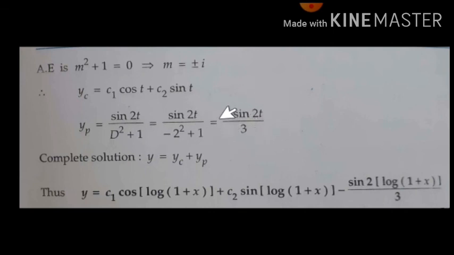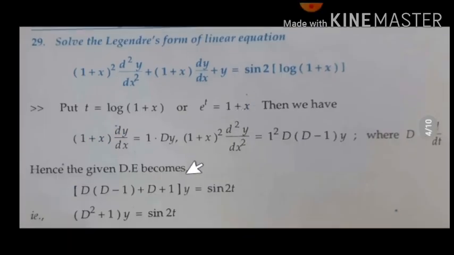So this is yp. What will be the complete solution? y is equal to yc plus yp. But if I write the answer in terms of t, I get the solution for this differential equation in t. But I need the solution in terms of x. The answer should be in terms of x.